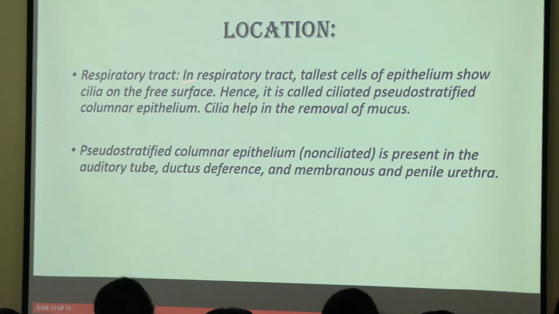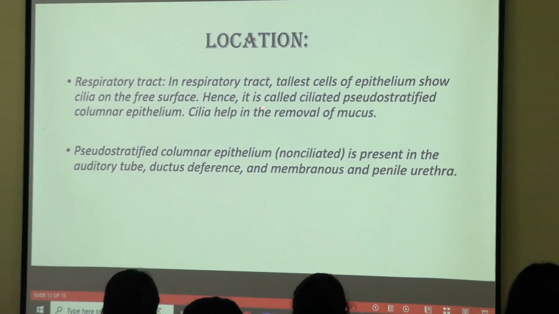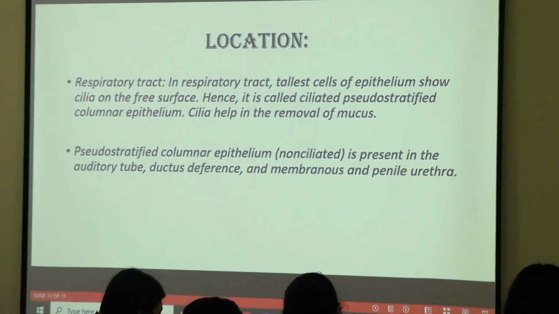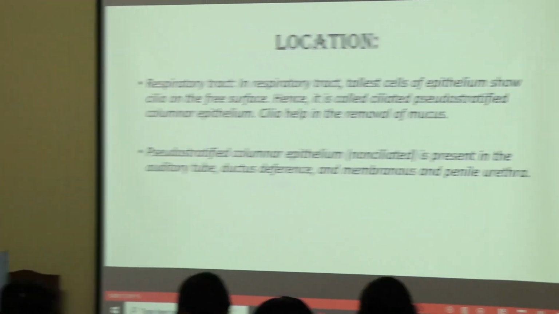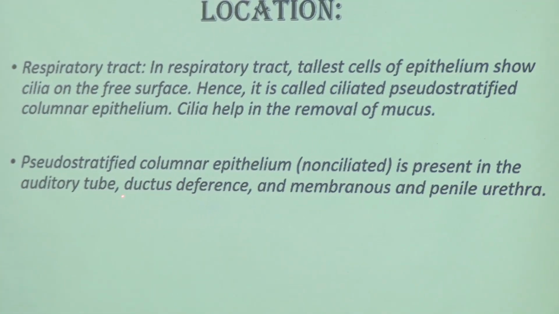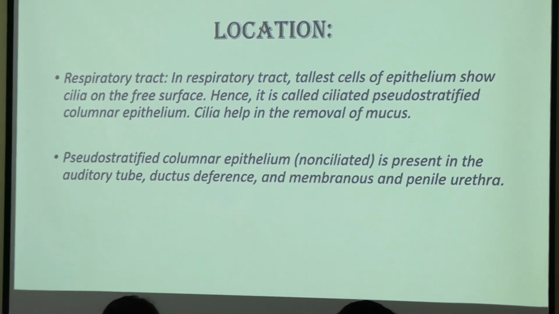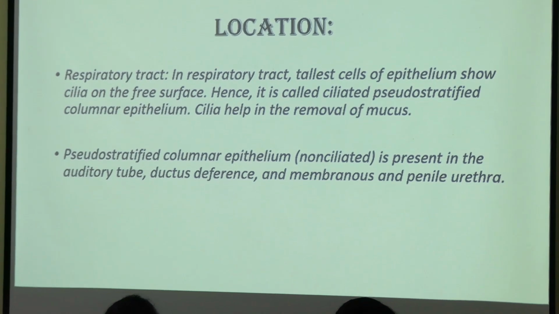Location, respiratory tract. In respiratory tract, taller cells of epithelium show cilia on the free surface. It is called, क्या होगा? If there is cilia in pseudostratified epithelium, it will be ciliated pseudostratified columnar epithelium. Cilia helps in removal of the mucus. Again, the pseudostratified columnar epithelium, but non-ciliated, present in auditory tube, ductus deferens and membranous and penile urethra. दोनों एक साथ लिखना है.